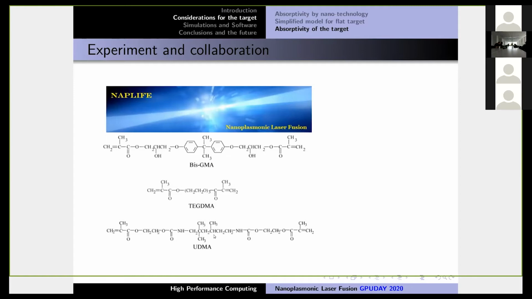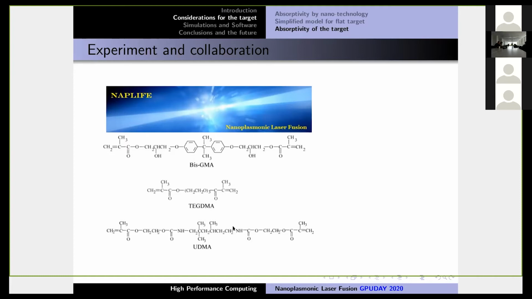The first target which we can use with the lasers in our institute is a dental monomer, UDMA.